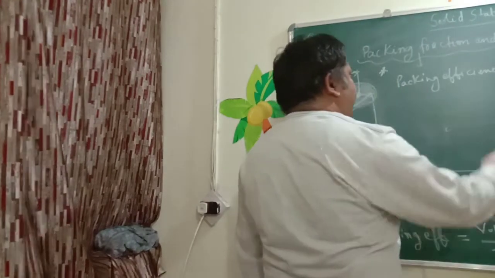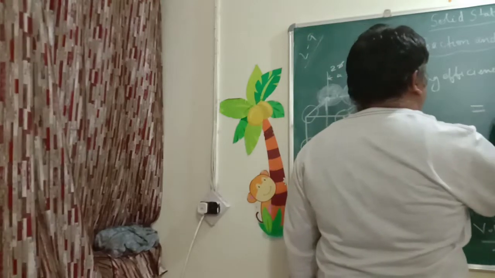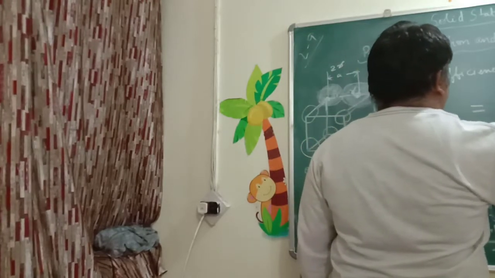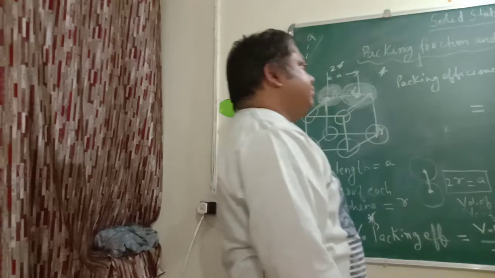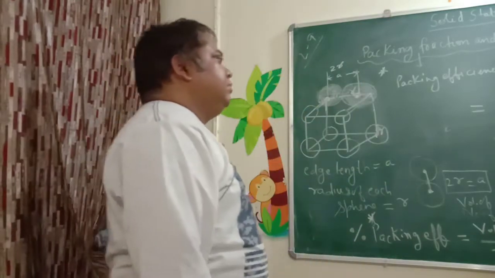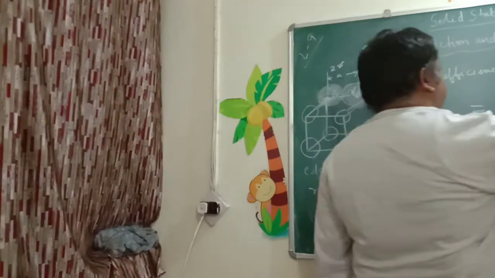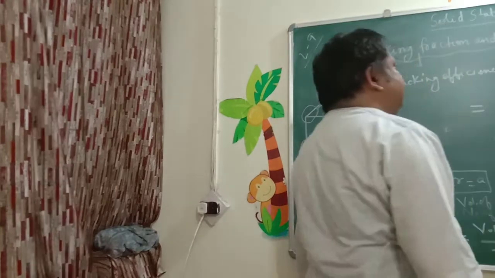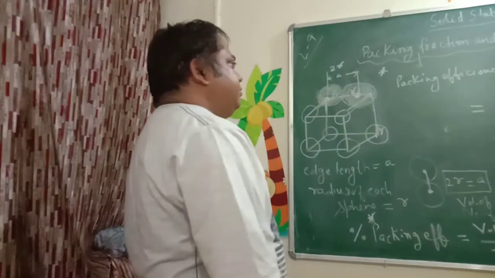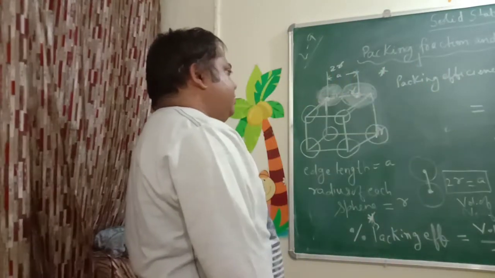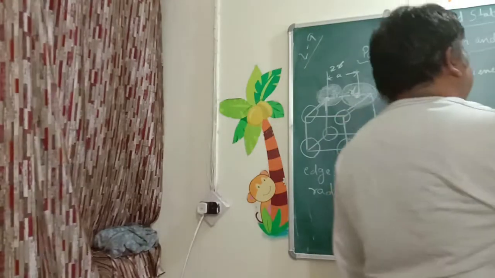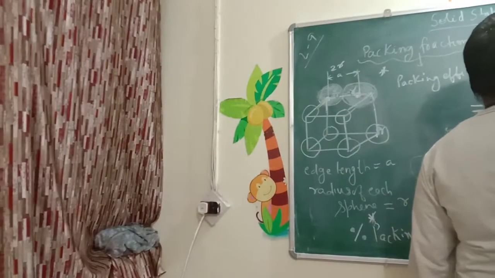If we calculate this, we will get 52.4%. These are all constants and will be nullified, so we will get 52.4% after multiplying by 100.